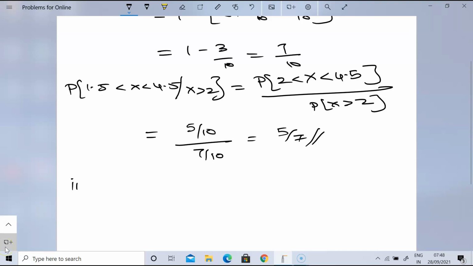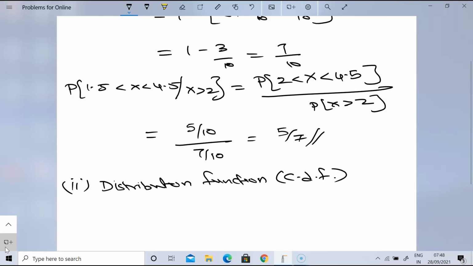Okay, the third problem is called the distribution function. Sometimes we use the word CDF, cumulative distribution function. Its rule is F of x is equal to probability of X less than or equal to x.